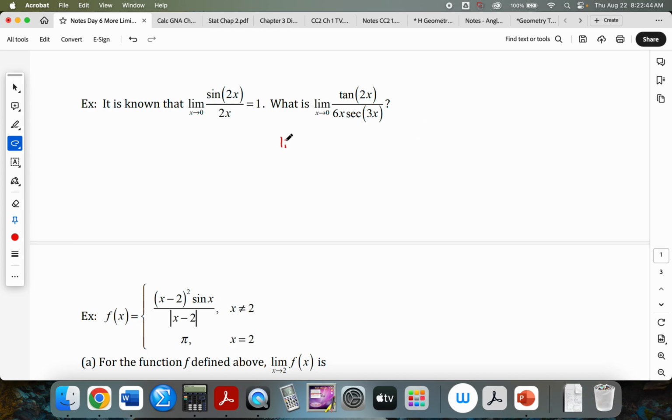So this is going to be the limit as x goes to 0 of sine of 2x over cosine of 2x, over 6x times 1 over cosine of 3x.